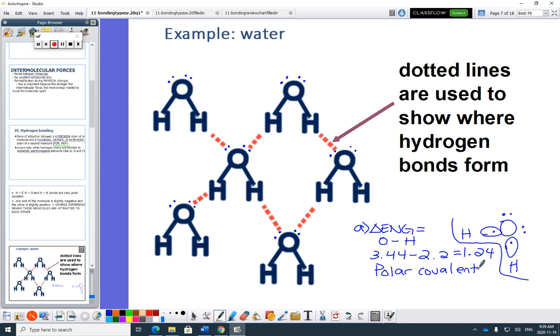That's why I wrote it like O minus H, to emphasize this is oxygen and this is hydrogen. Oxygen has a larger electronegativity value. That means more electron greedy, so it's going to be slightly negative. So every oxygen you can go and label slightly negative. And then the hydrogens would be slightly positive.